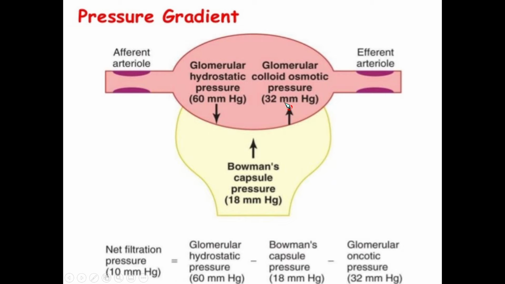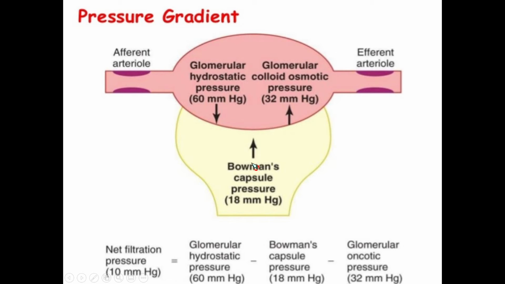So the major cause of hypoalbuminemia is either a defect in production, that is the liver, or loss of proteins, mainly albumin, through your kidneys. So if the proteins are more, the colloidal osmotic pressure will resist the GFR and decrease it. If the proteins are less, the GFR will increase.